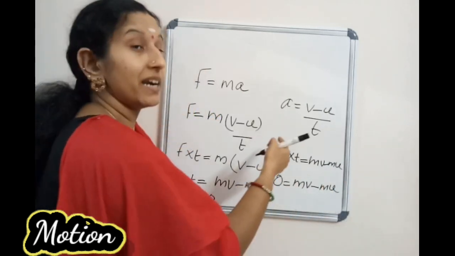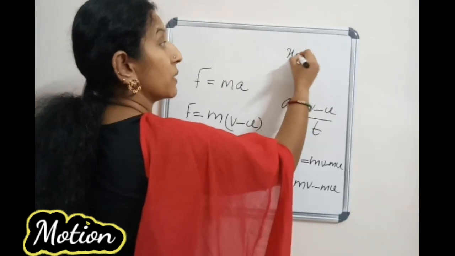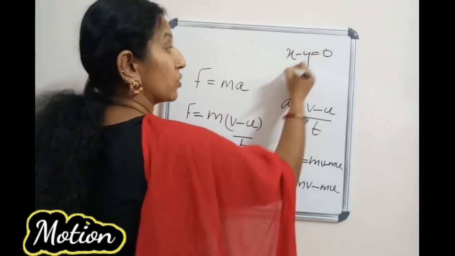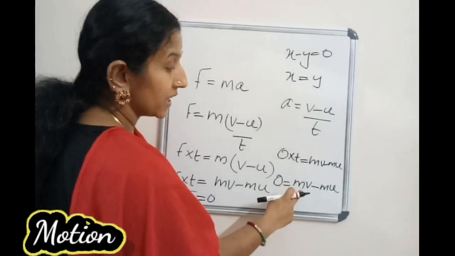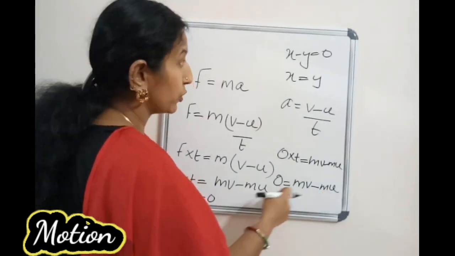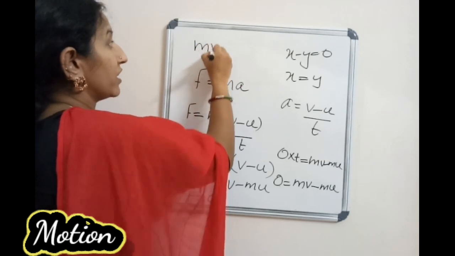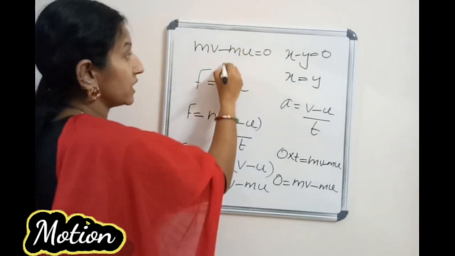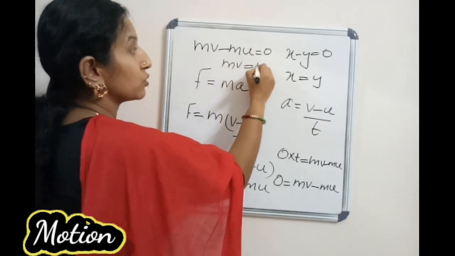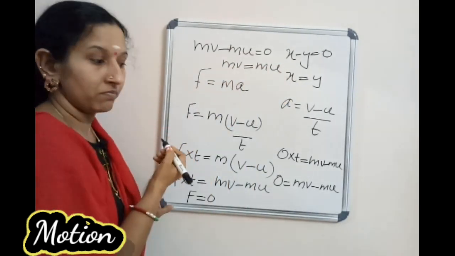You may have studied in mathematics that if x minus y equal to 0, then x equal to y. Just like mv minus mu equal to 0, which means mv equal to mu.